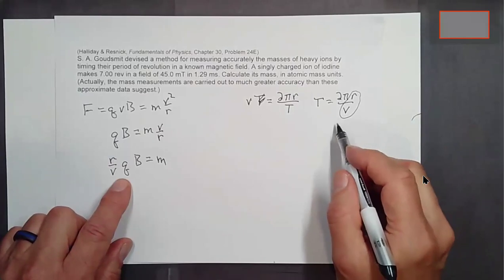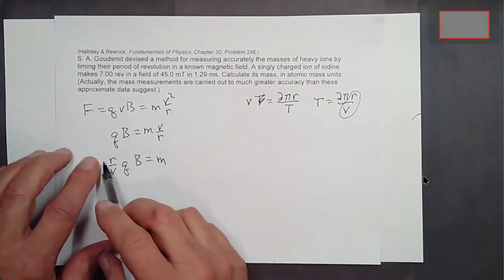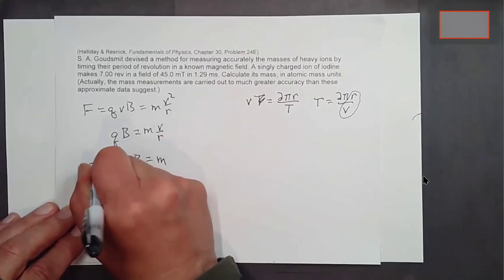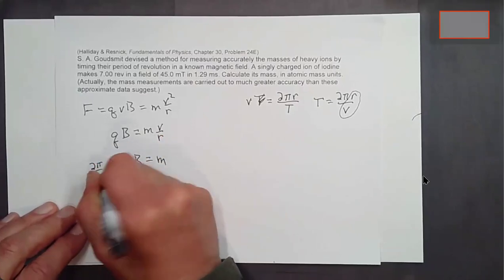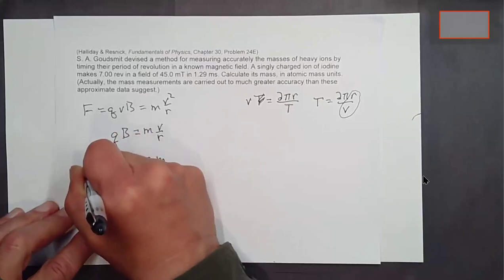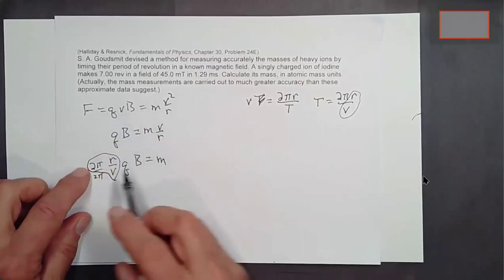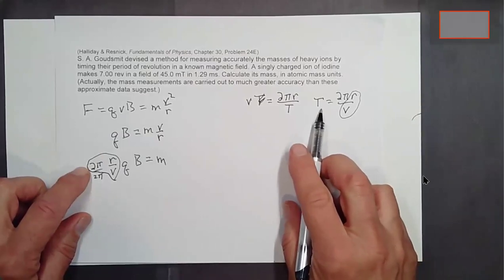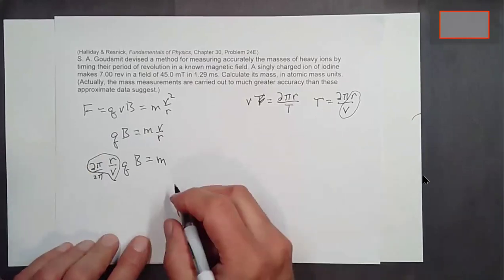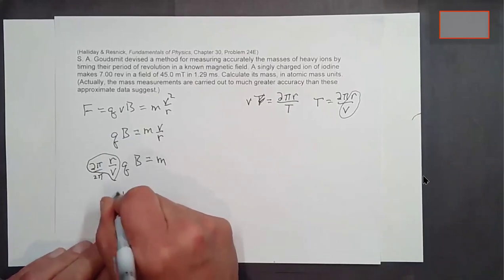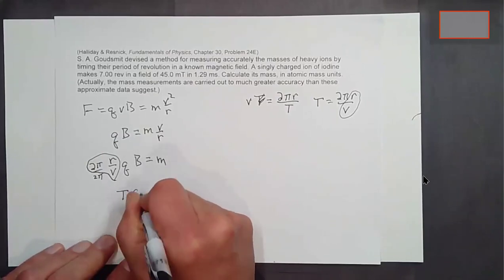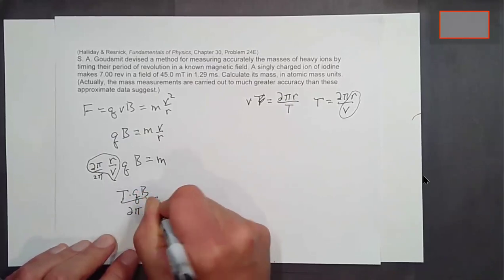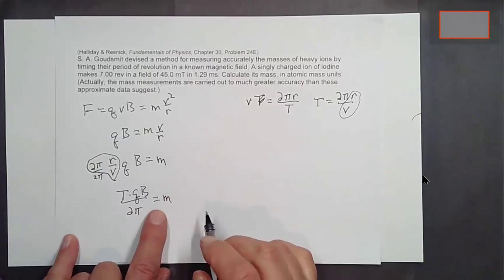And if I multiply top and bottom by 2 pi over 2 pi, I can take this much of it, and that would be the time for one revolution. So T times q times B divided by 2 pi will equal the mass that we're talking about here.